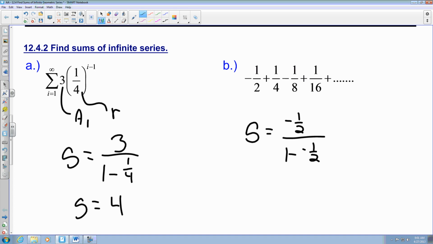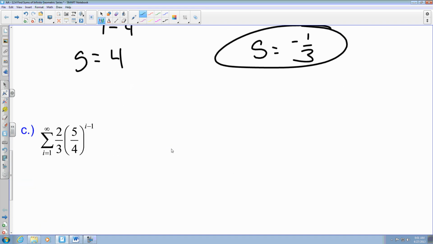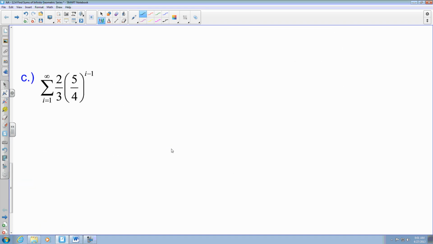So that's negative 0.5 divided by 1.5, which gives me negative 1/3. So S here is going to be negative 1/3. And for c, I notice that my r is 5/4, which is greater than 1. Since it's greater than 1, our rule states that this one is going to have no sum.